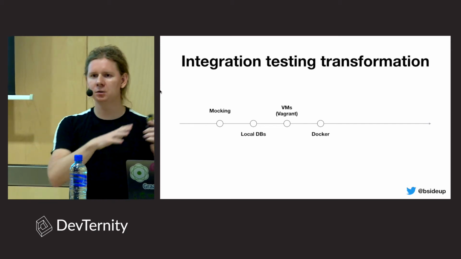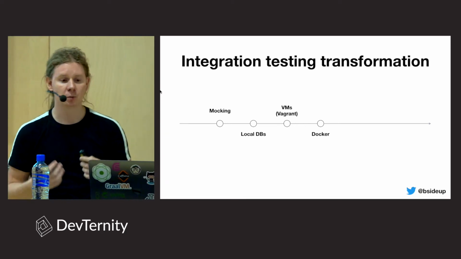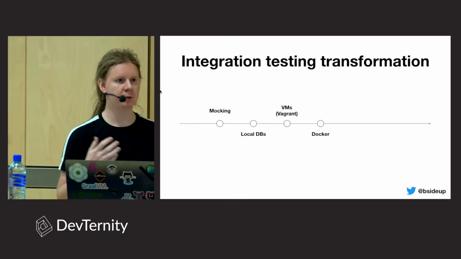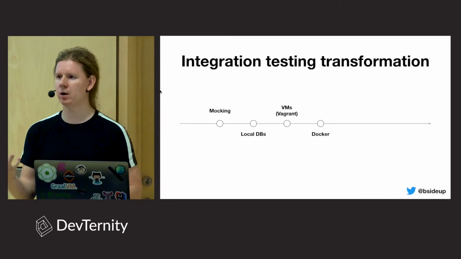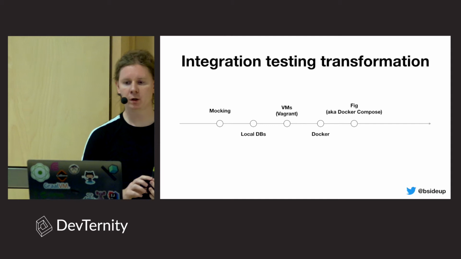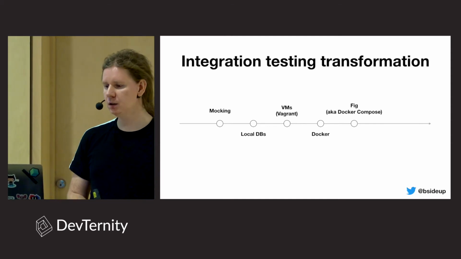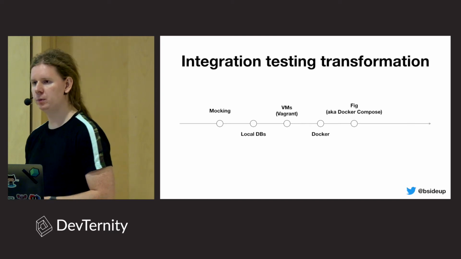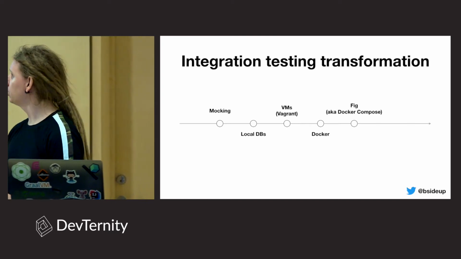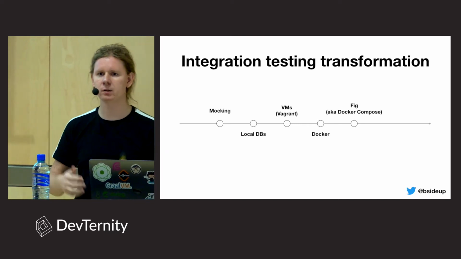And we downgraded to bash scripts we were using before with some local databases, which is not cool. We were desperately in need for something to describe our testing environment, and this is where Fig made a difference. And Fig is the name for Docker Compose before it became Docker Compose, because apparently everyone loves longer names and longer CLI commands.